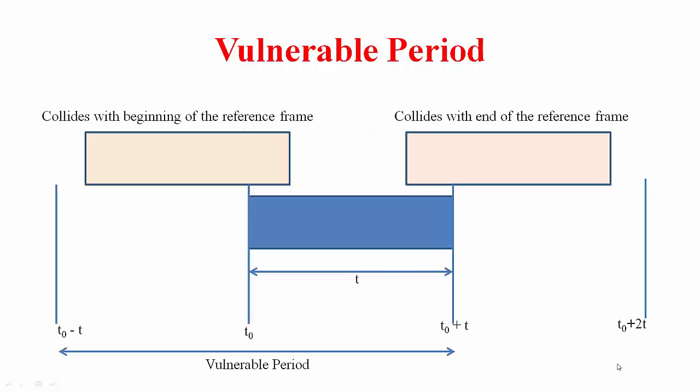So here is a graphical representation of this. Here is the frame that is of interest to us, which starts at T0, and this is the frame time. It goes on from T0 to T0 plus T. I claim that this frame will suffer a collision if any packet transmission happens within this period, which is the vulnerable period.